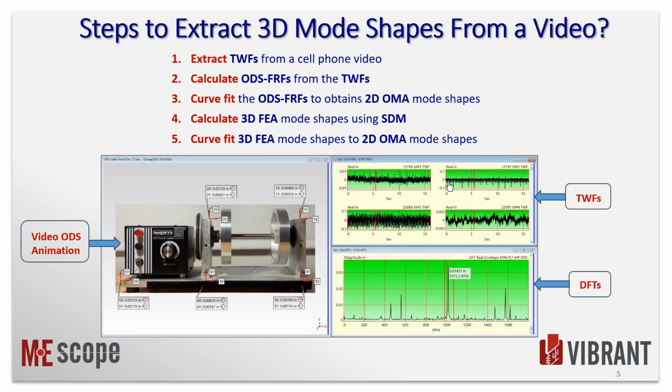So again, if you're using accelerometers and you want to go to 5 kilohertz, use your cell phone at least to see what might be moving around on the machine at a lower frequency, and it'll give you an idea where to put the accels to measure up to 5 kilohertz. But yeah, you're getting up there in frequency now for any video.